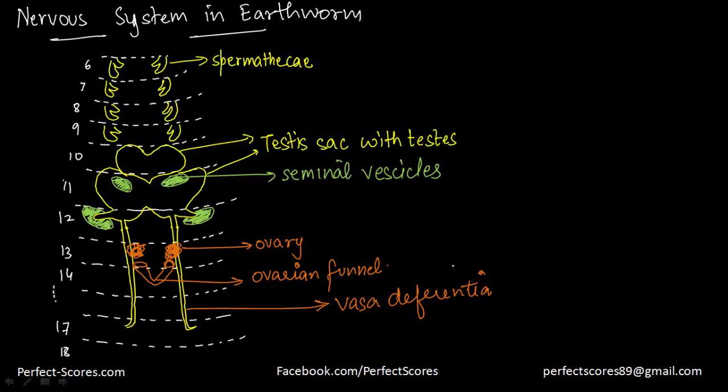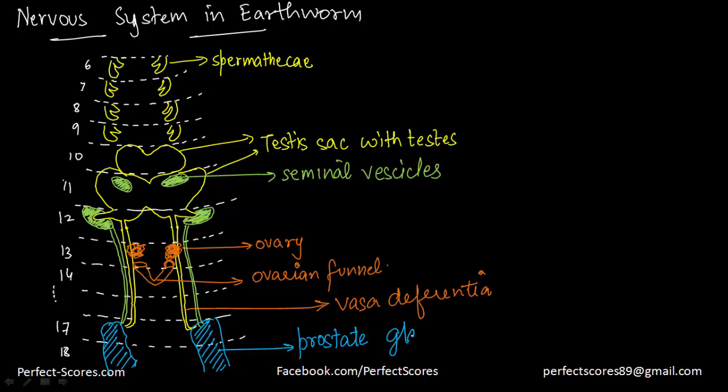This blue-shaped structure is nothing but the prostate gland of the earthworm. And then there are ducts that come out of it and enter the 18th segment like this. And these are known as the common prostatic and spermatic duct. So let me write it down here.